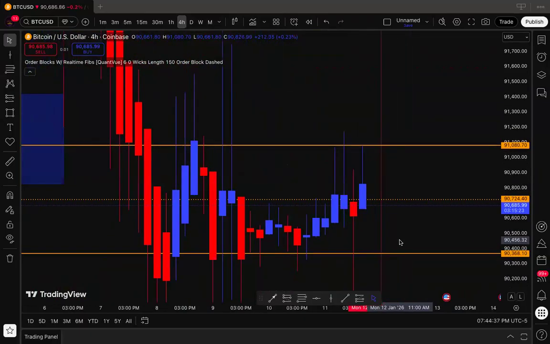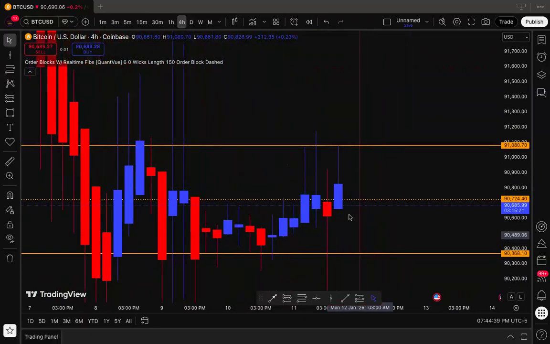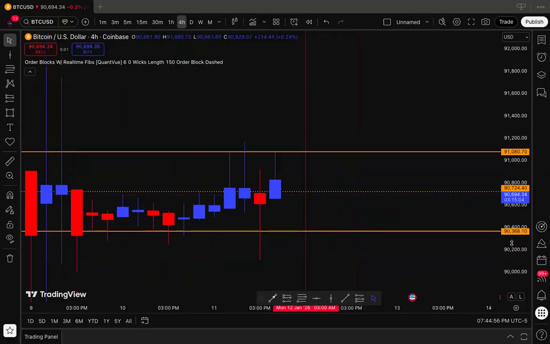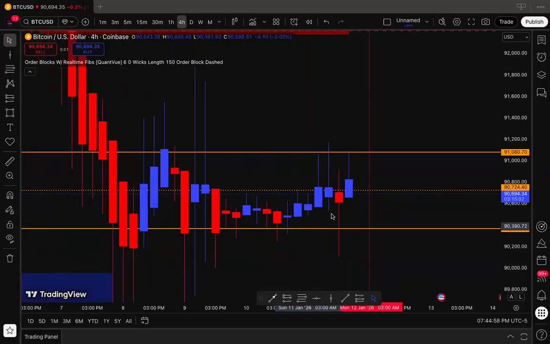So during London, taking a buy, you want to take the buy here. If it continues to reject, you would take the sell, but we got an entry pattern on a 4 hour buy.